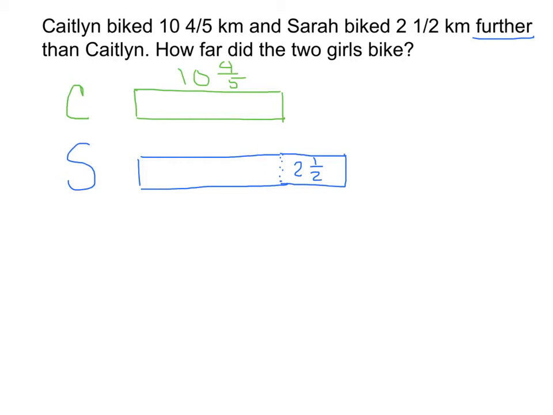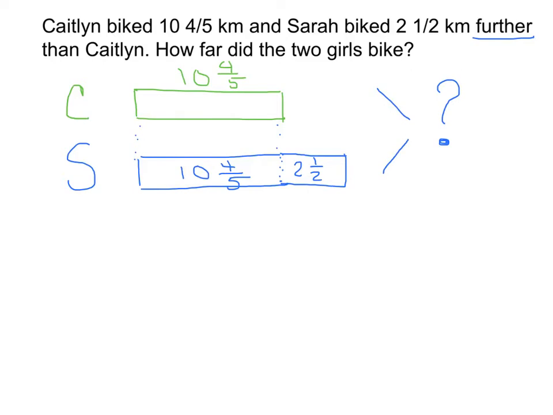So because this part is the same as Caitlin's, I know that this is 10 4/5. And then the question is, how far did the two girls bike? So I want to know all together, what did the two girls bike? Now the question doesn't ask me to find out exactly what Sarah biked, so I really do not have to find the answer to how far Sarah biked.